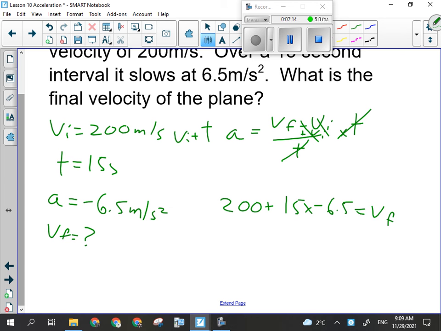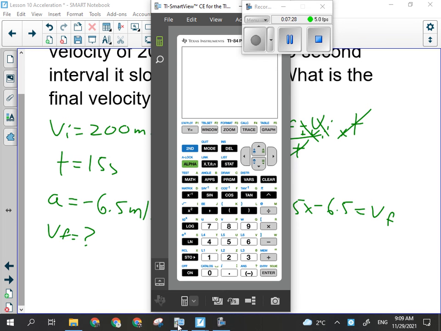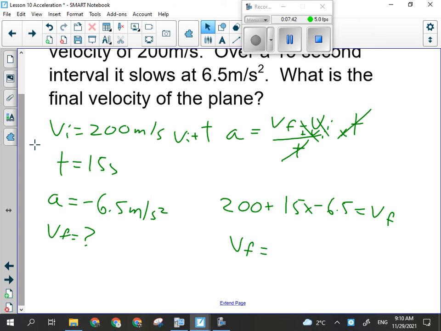When I punch that into my calculator, I get 102.5 meters per second, and that would be positive.